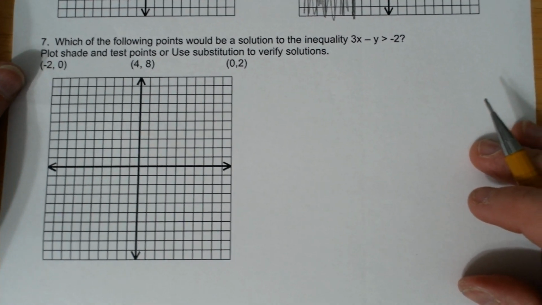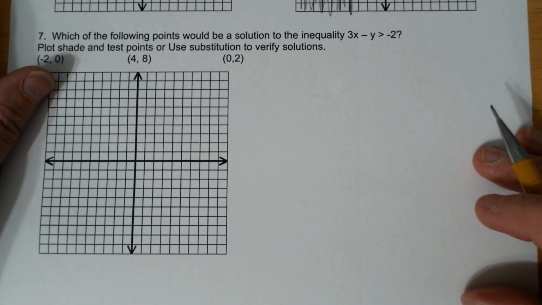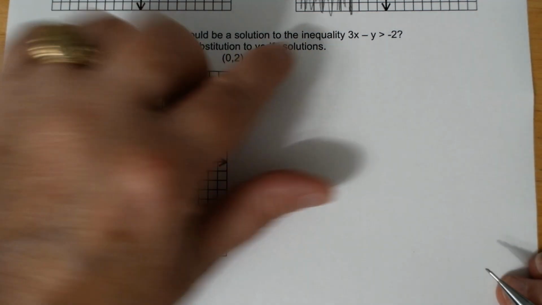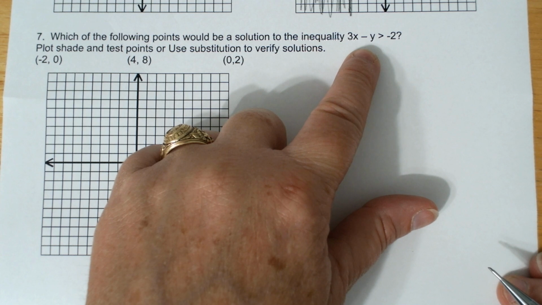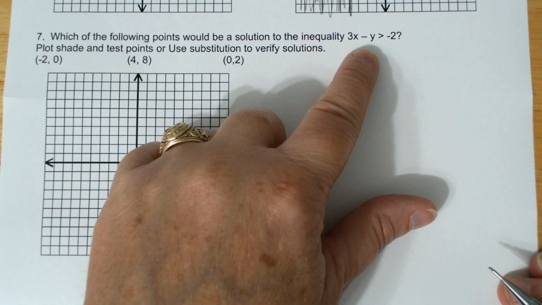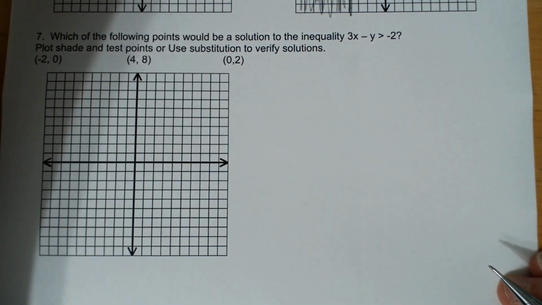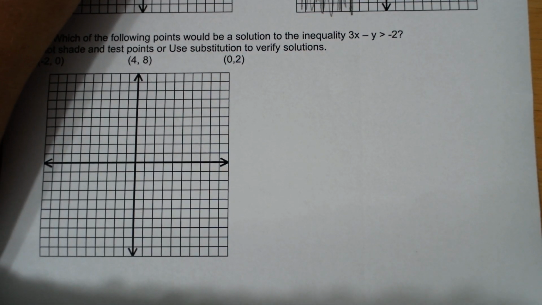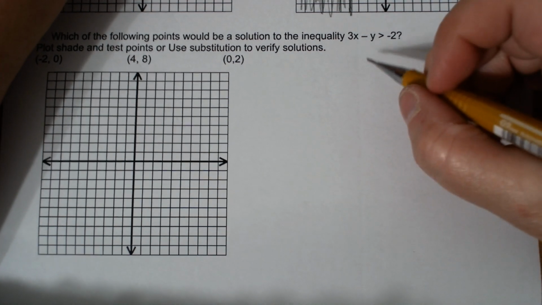Okay, which of the following points would be a solution to the inequality? Since if I did this in standard form I would get fractions, I'm going to change it into slope-intercept.